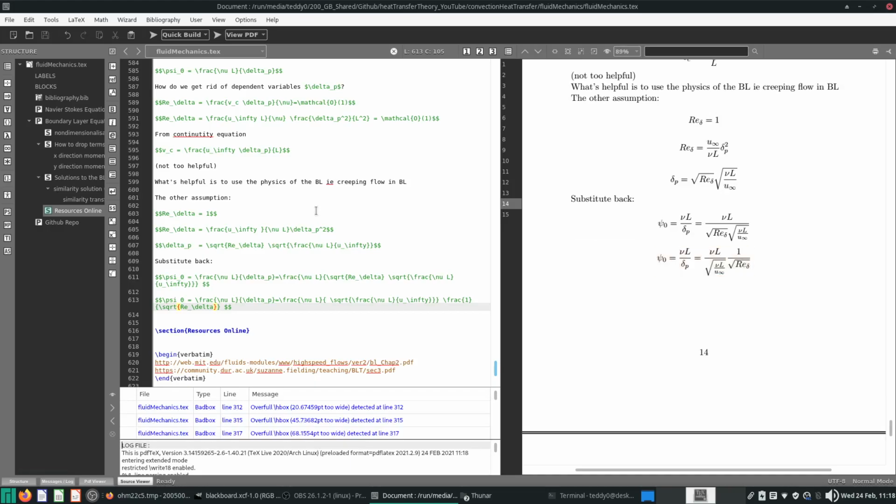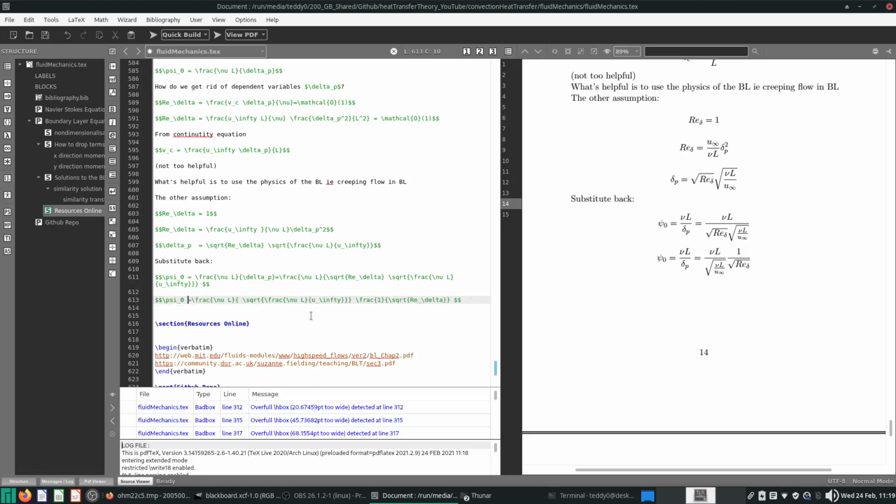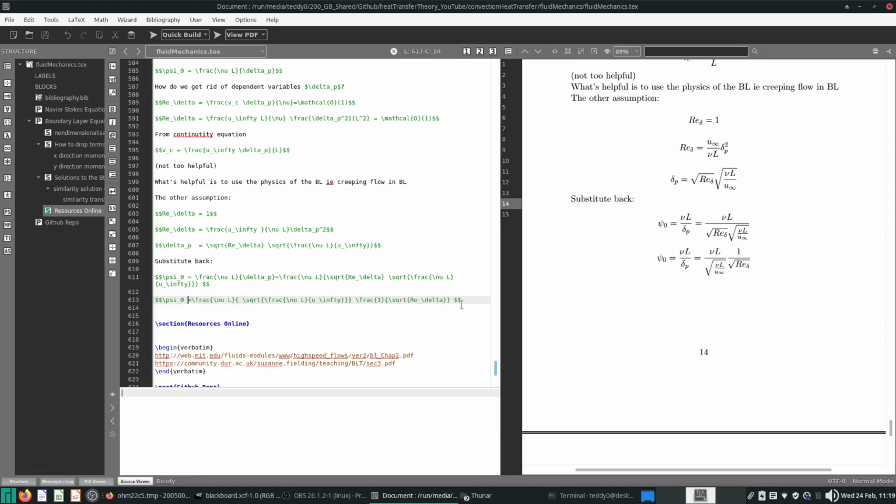I just copy and paste everything. Alright, so we are almost there. Then let's do some term cancellation, top and bottom here. So this U infinity will go on top, and then the terms here will cancel as well.